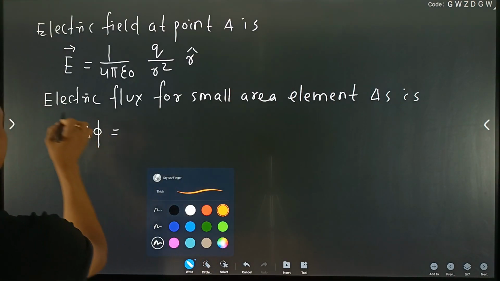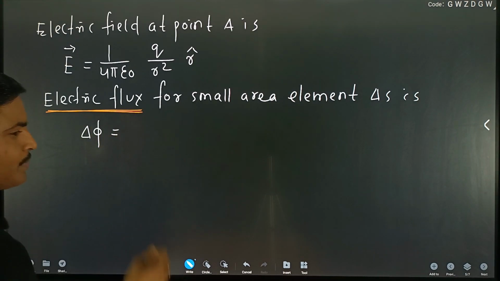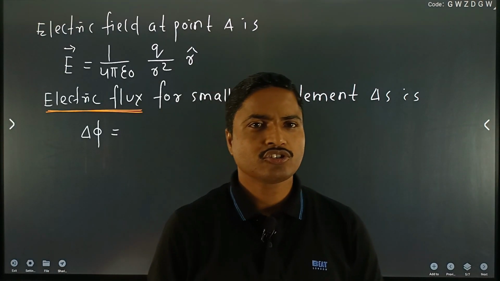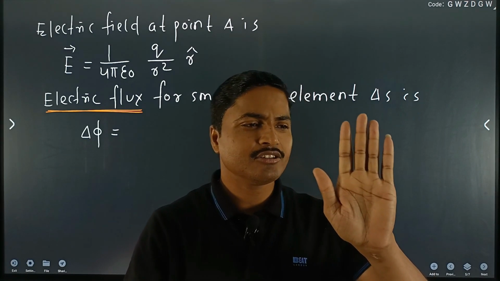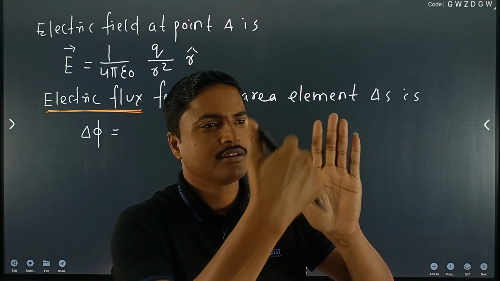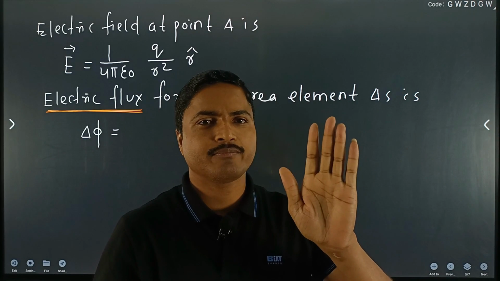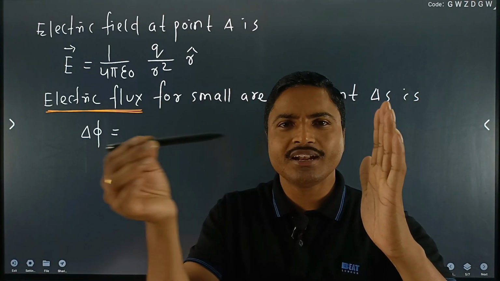And what is the meaning of electric flux? You also know that electric flux means, suppose we take an area just like this, suppose this one is the area element, and these are the electric field lines.